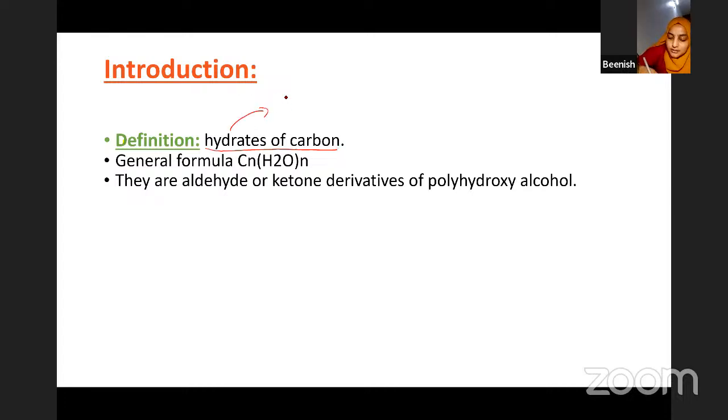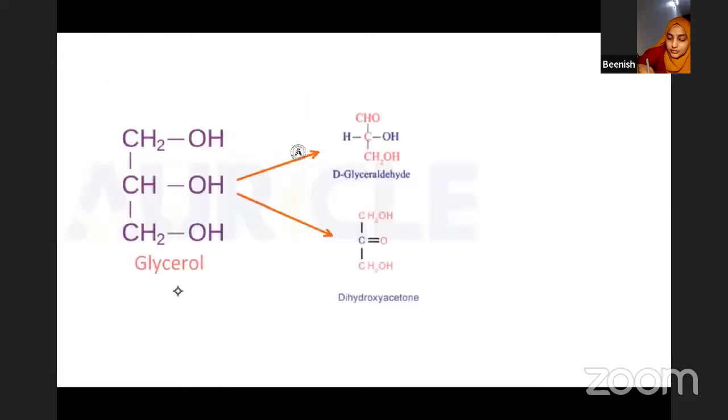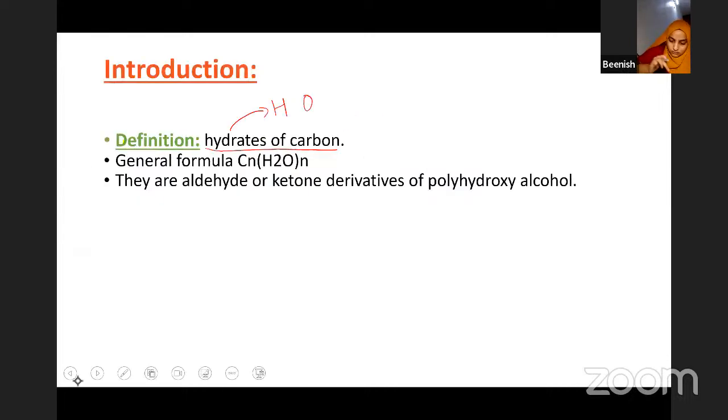When we say they're hydrates, you understand that they must have hydrogen and oxygen. Then they are hydrates of what? Carbon. So they'll have carbon as well in their structure. So they are composed of hydrogen, oxygen, and carbon.